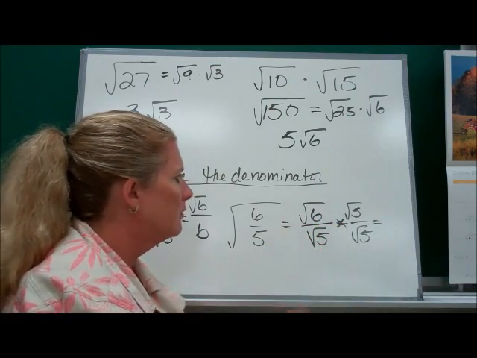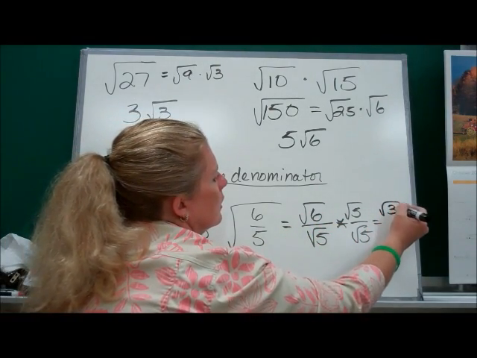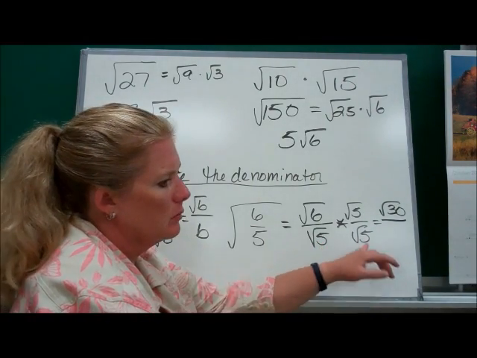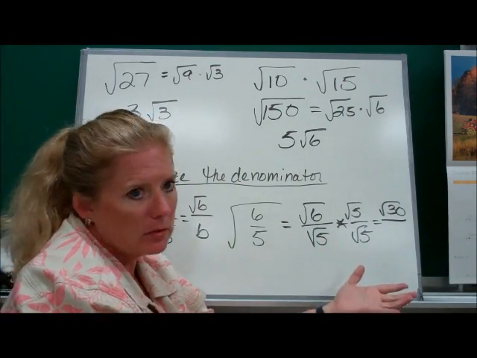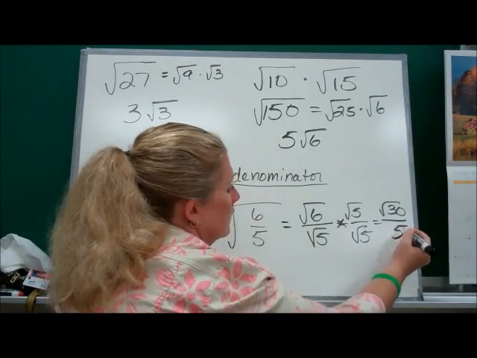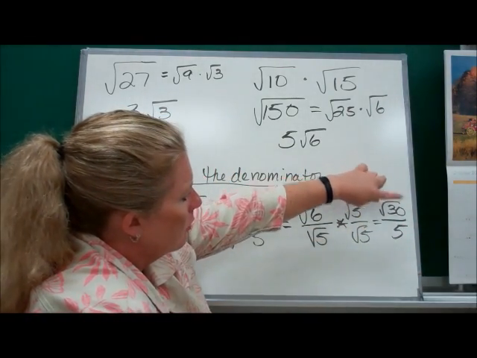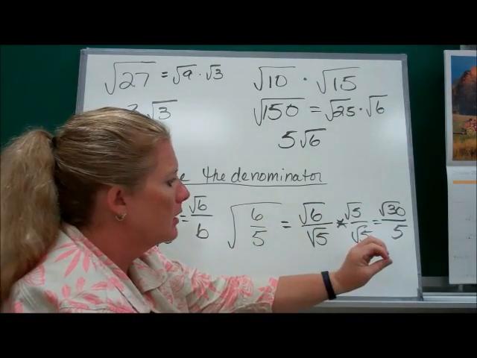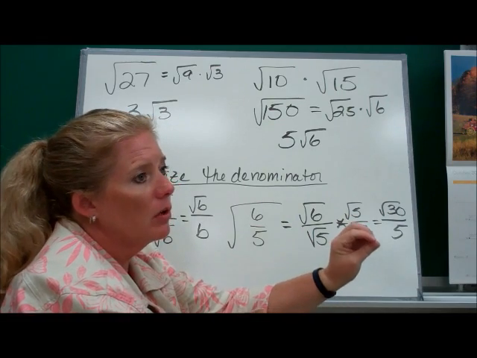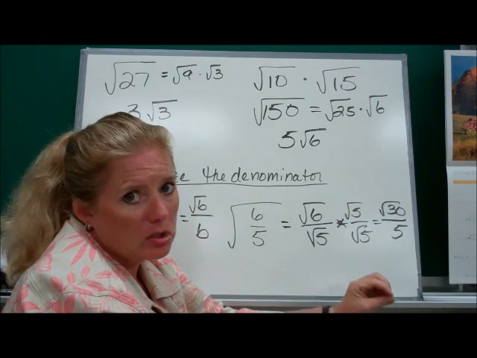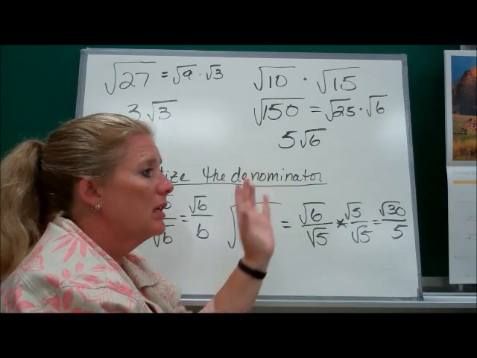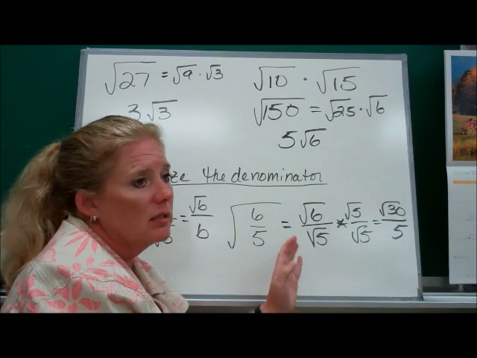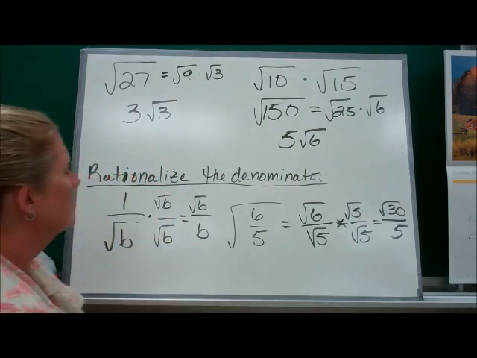So 6 times 5 is 30, square root of 30, over, well, square root of 5 times 5 is 25. What's the square root of 25? 5. Can you divide the square root of 30 and this 5? No, you cannot. Because numbers under radicals can only be simplified or multiplied and divided by other numbers under radicals.